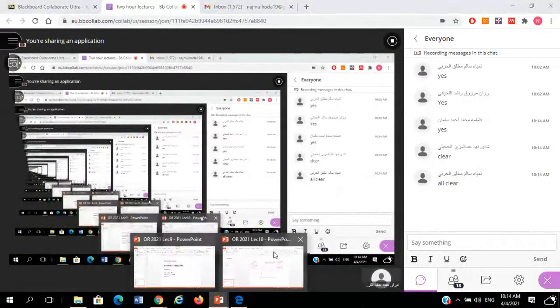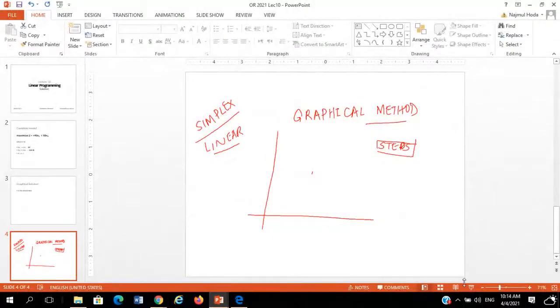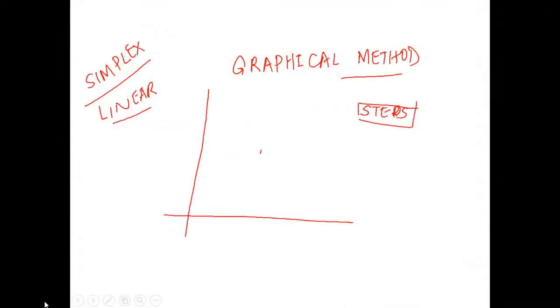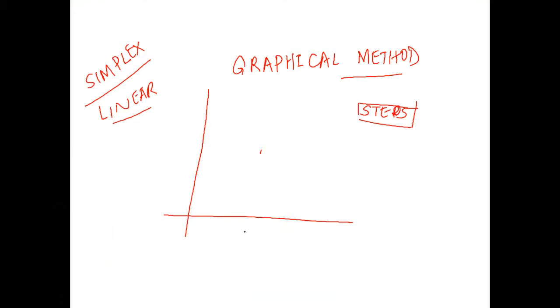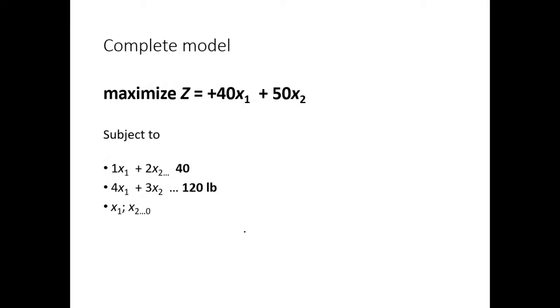Okay, so now let's look at step number 1. Please keep noting down in your notebook so you don't forget it. The first step in the graphical method is that in finding the solution, we have to work with the constraints first. These are the two constraints in the model.